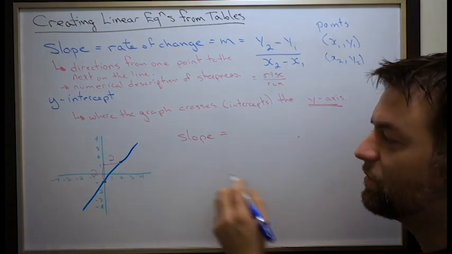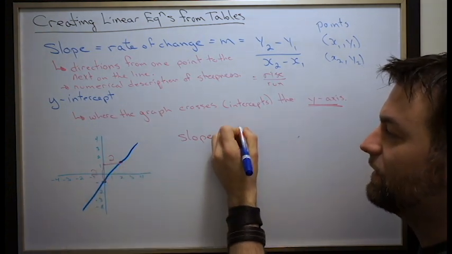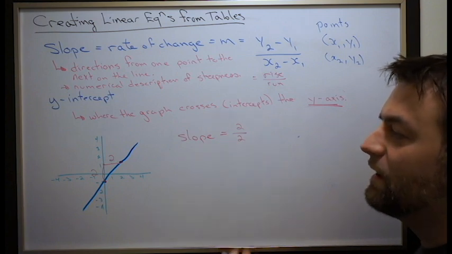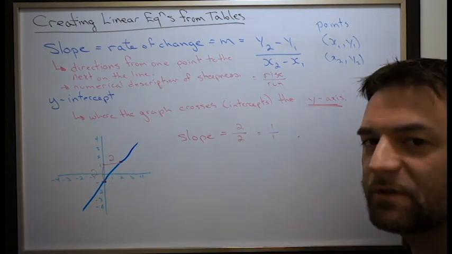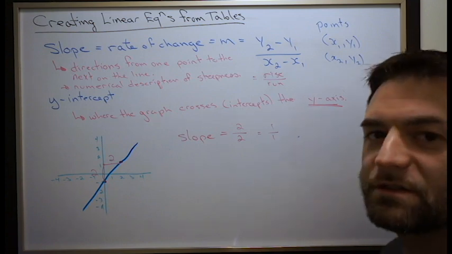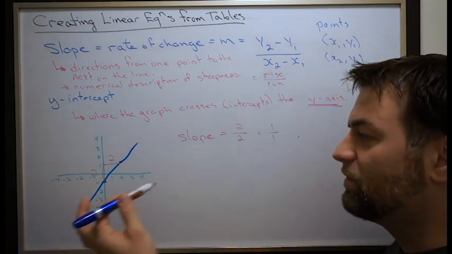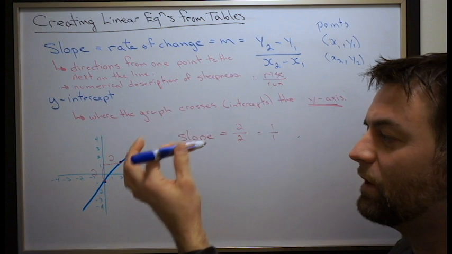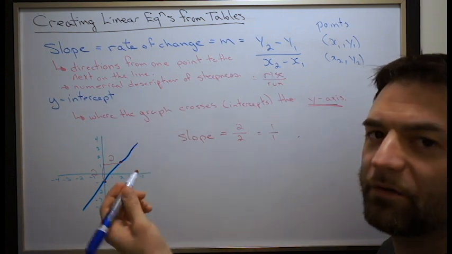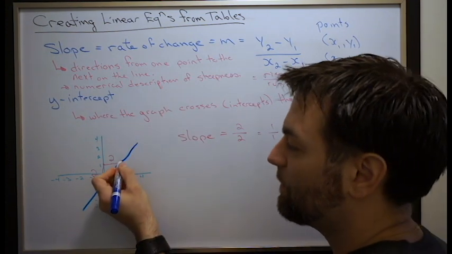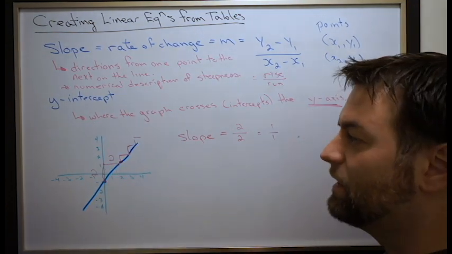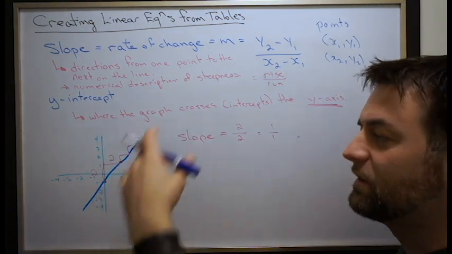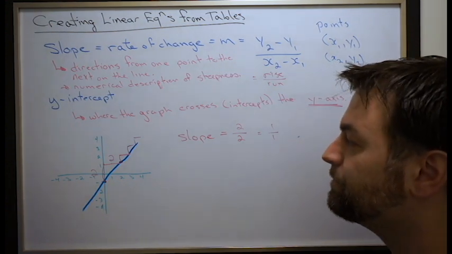So we have those 2 points, and the slope here is 2 over 2. And so that's how steep it is. Again, it simplifies down to 1 over 1. So that is our slope. And it just tells us that for every point that we move over 1, we go up 1. Or every time we go up 1, we have to go over 1 to stay on the line. So we go up 1, over 1, up 1, over 1, up 1, over 1. And it's kind of like what the stairs would look like built on top of that line.